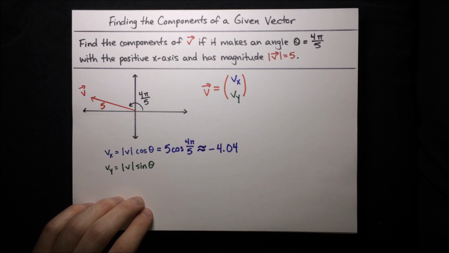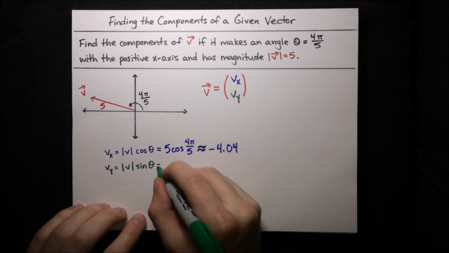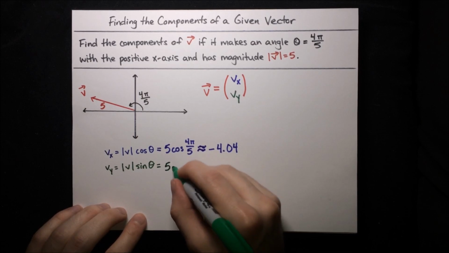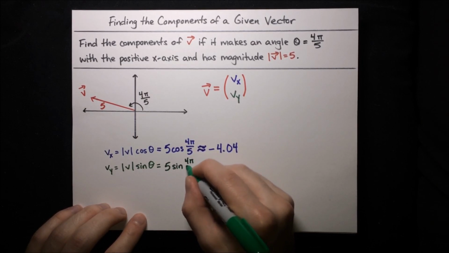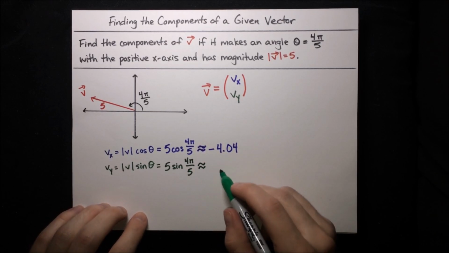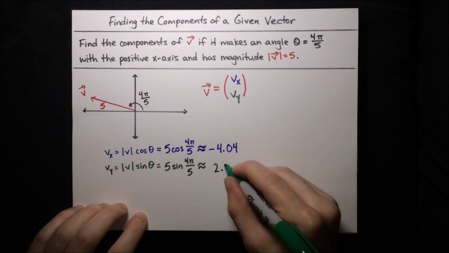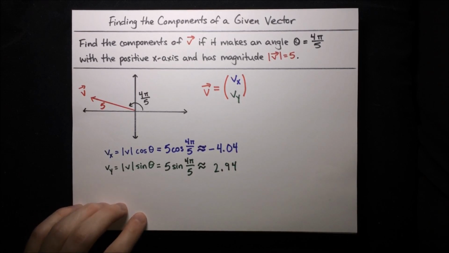And it's the same idea to get vy, that's magnitude times sine theta. So same as before, but now instead of cosine, we have sine of 4 pi over 5, and that is approximately, using our calculator, 2.94. Okay, so now we just have to put them into the component form.